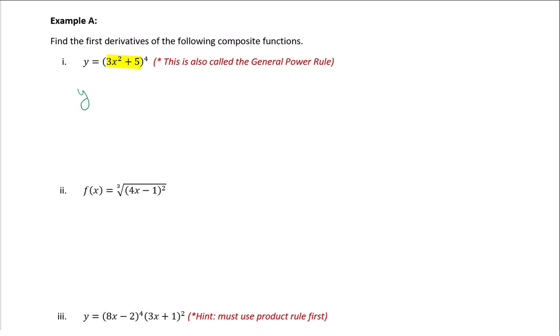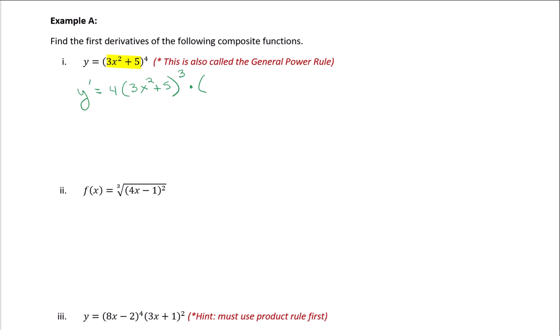So the first derivative would be the derivative of that outside function, the power of 4. So we multiply the front by 4, leaving the 3x squared plus 5 the same. Subtract 1 from the exponent, get 3. Now we have to multiply by the derivative of that inside function that's highlighted in yellow.